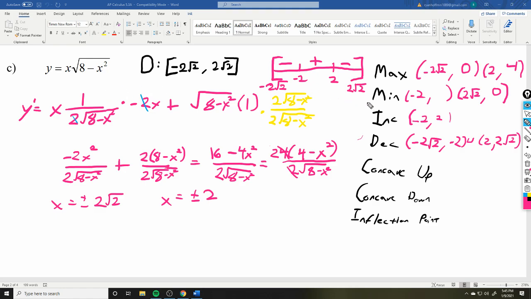And then this one's going to be the same thing, except out here is going to be a negative 2, so this one's going to be a negative 4. So this one is absolute. This one is absolute. And the endpoints are going to be relative minimum, relative maximum. But we should test the endpoints. It's a good example of testing the endpoints to see which one is the largest value. So that's everything with the first derivative.